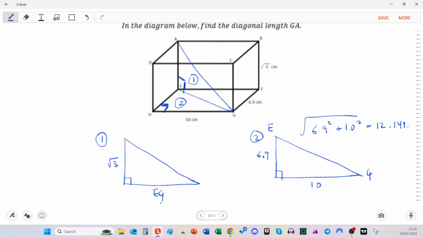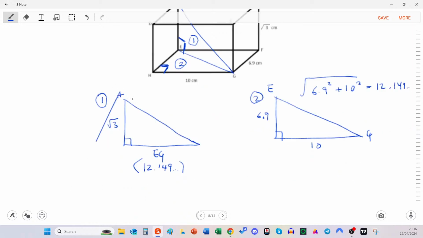So now we know that EG is 12.149, but it's on my calculator. We could do our final calculation to find AG, and that's going to be √3 squared. See, that's brilliant. When you square a square root, it just disappears. Do that without a calculator. Plus 12.149. Got it on my calculator still.